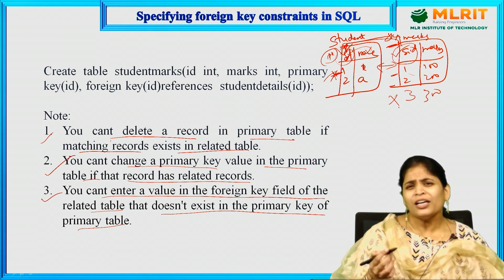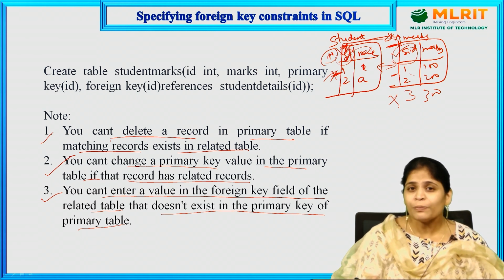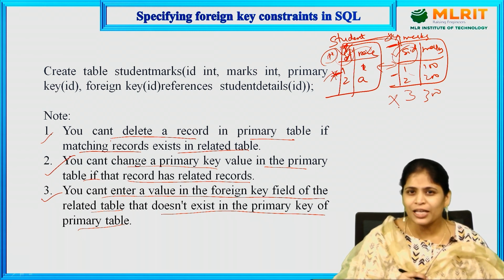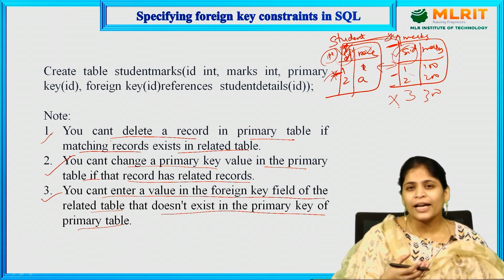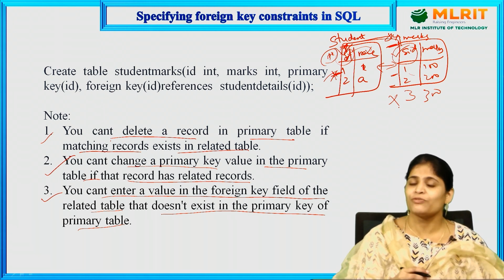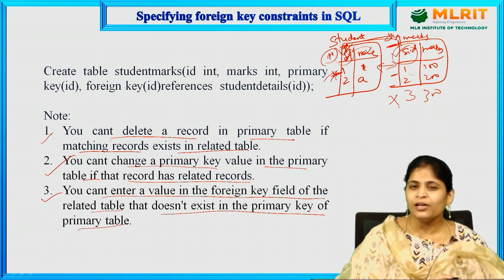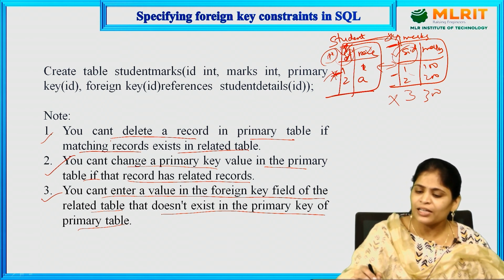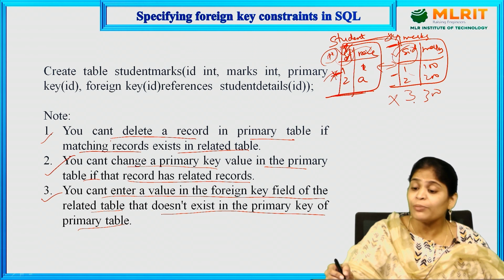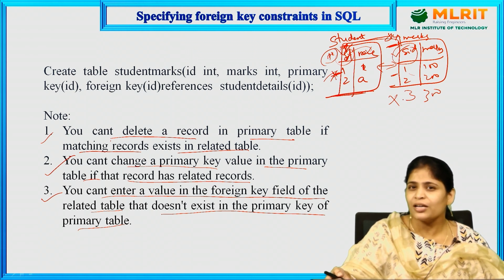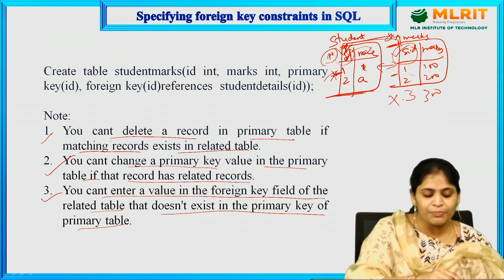Because the student has not been enrolled in the primary table. How can he get marks? First he has to enroll his details, then get the marks after writing the exams. Before entering the data in the primary table, how can he enter his marks? It's not correct. So that is the meaning of the third one.